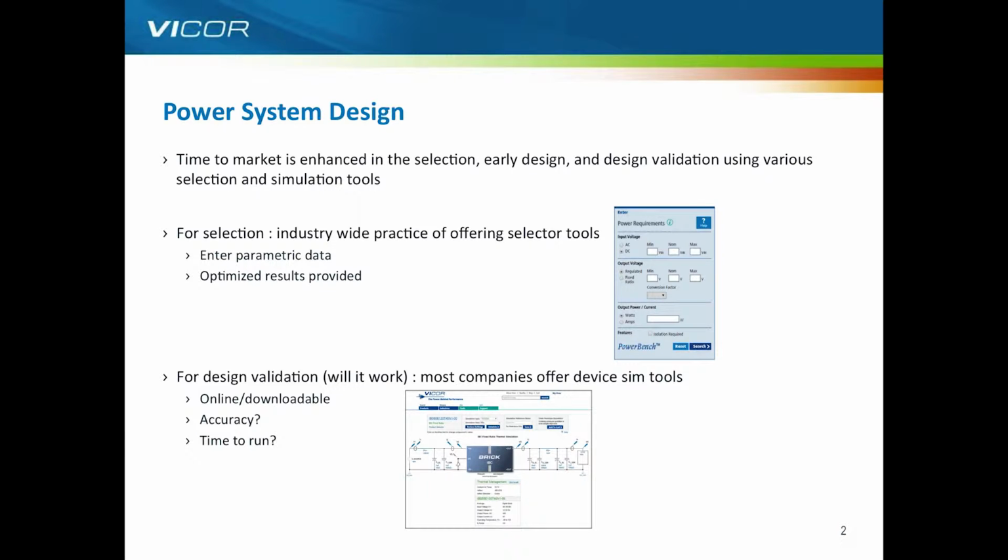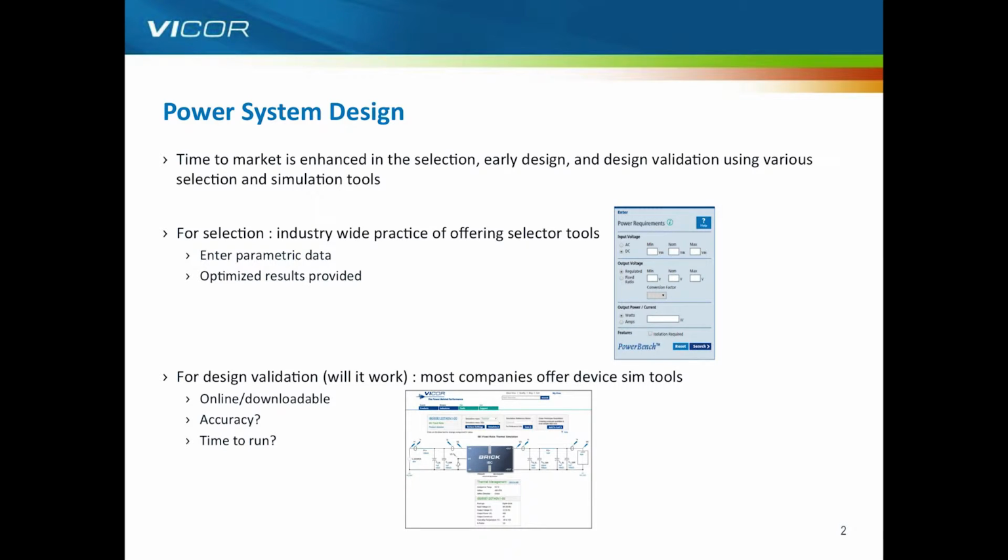One is in the selection process, where we have, simply enough, selector tools. And if you go to the Vicor website, we have our own selector tool. You put in the inputs you want and or the outputs, and we provide a list of components that are available. And you can optimize or prioritize this list by board area consumption, cost, efficiency, etc.